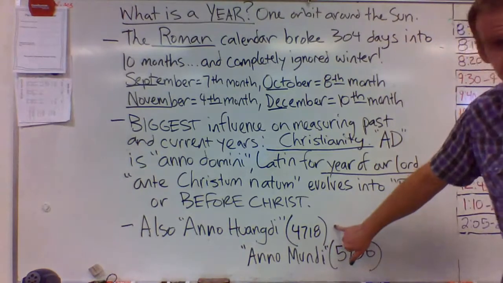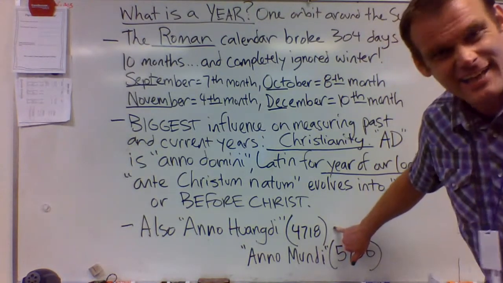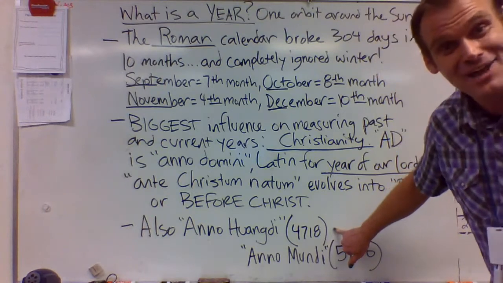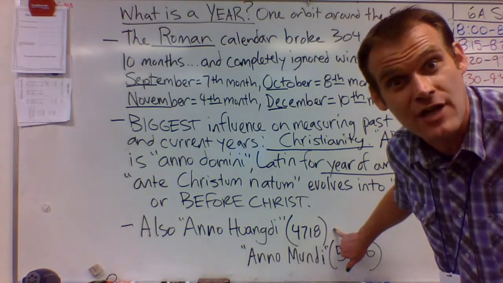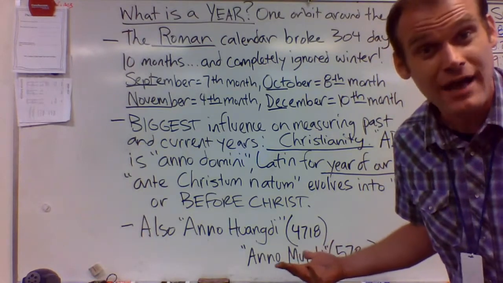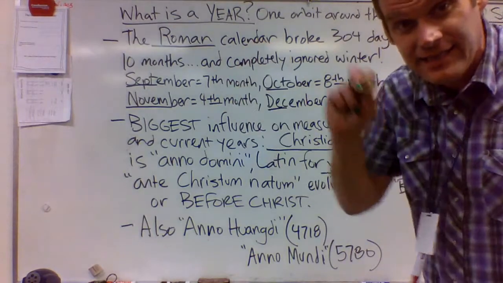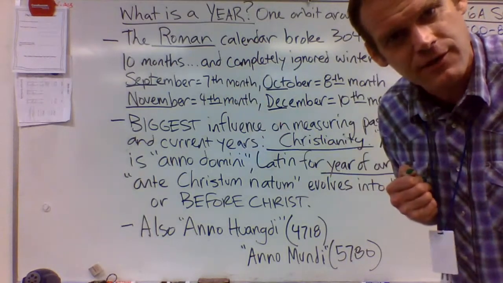If we were to take the year 2020 Anno Domini and translate that into Anno Huangdi, the year would actually be 4,718, okay? Just keep in mind, these numbers are kind of arbitrary, but they do help us find things in the past and make plans for the future.